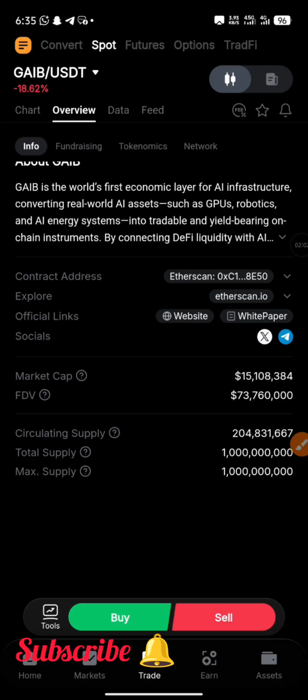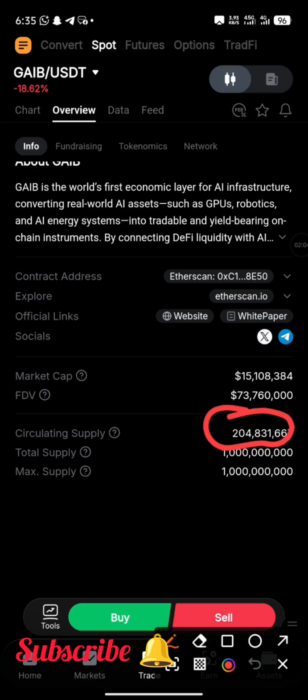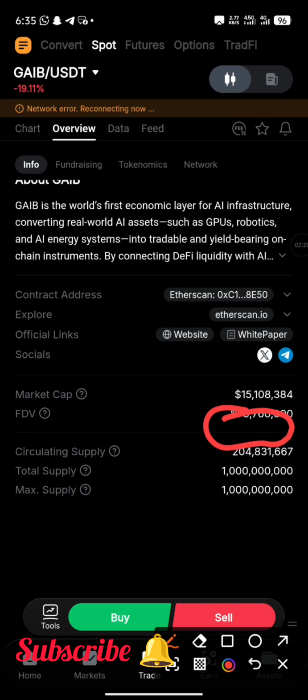we will look at what we call the circulating supply. In simple terms, the circulating supply is equal to all the coins that are already released for trading, and those coins are available for trading.